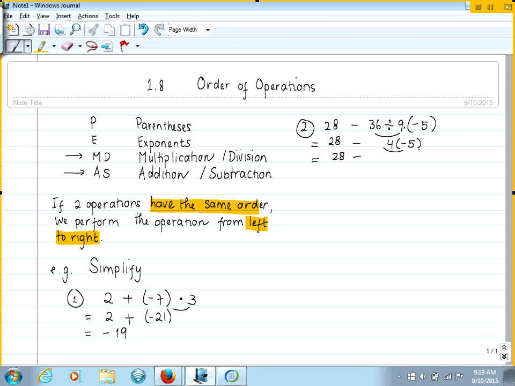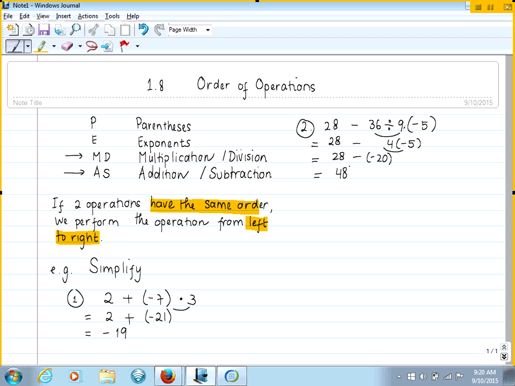Multiplication. So this is 28 minus, what is 4 times negative 5? Negative 20. Yes. So 28 minus is copied. What is 28 minus negative 20? Plus 20. So 28 plus 20 is 48. Yes or no? Yes? Okay.